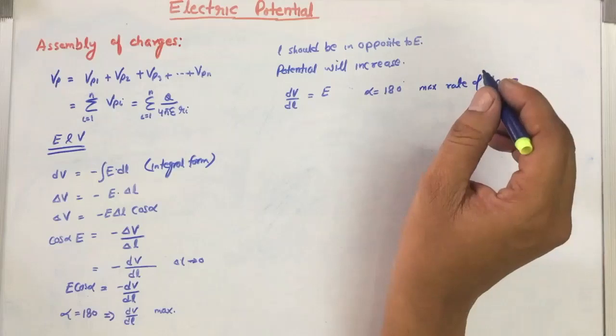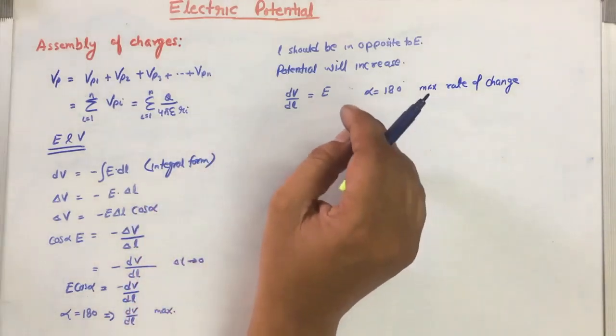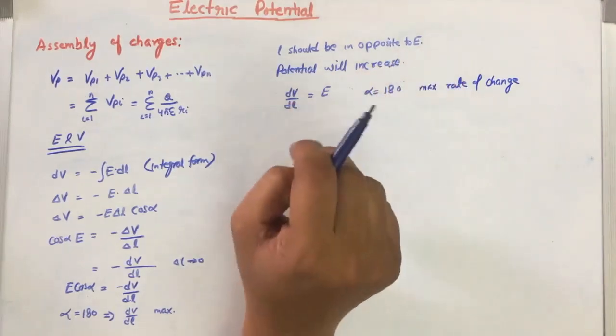And in calculus, in the beginning of this chapter, we have studied that the gradient specifies the direction of maximum rate of change.